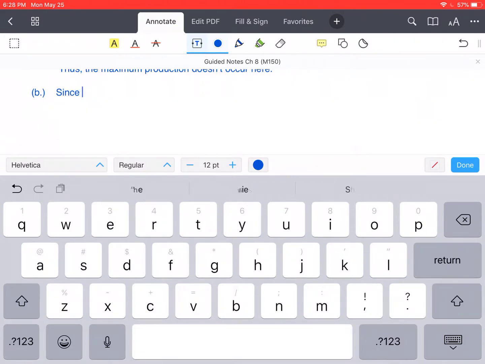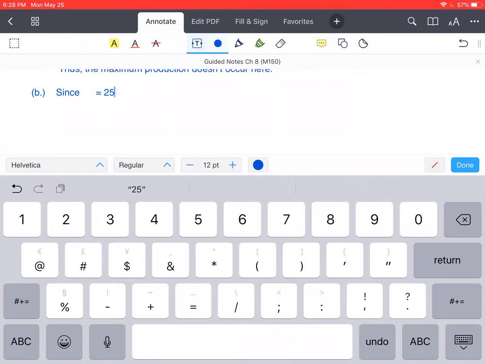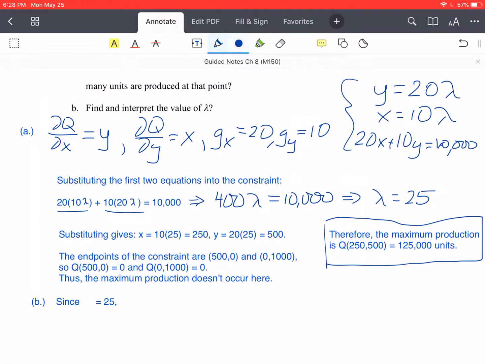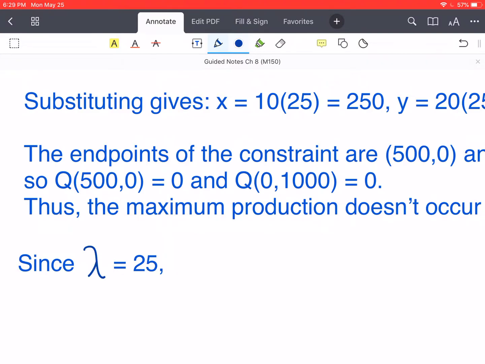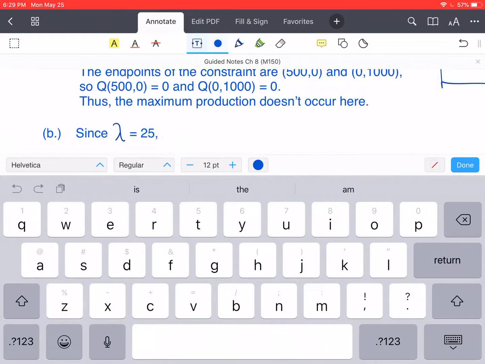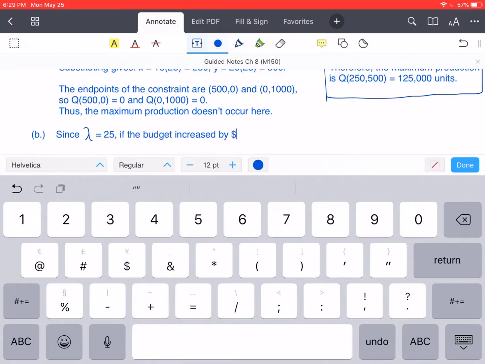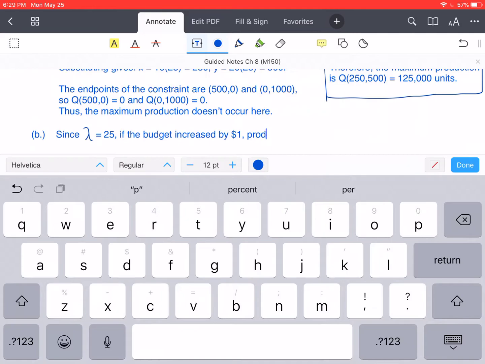So since lambda equals 25, if the budget increased by $1, production would go up by 25 units.